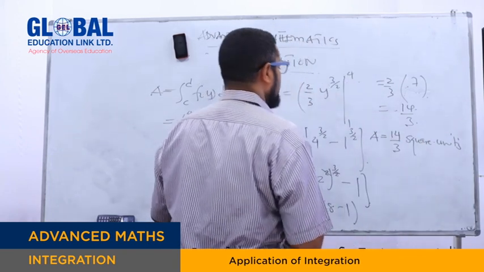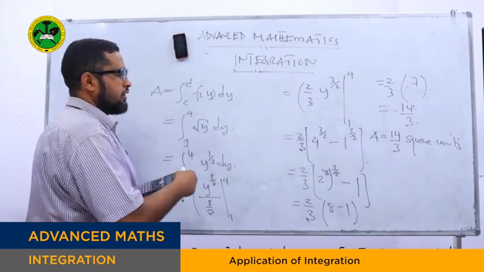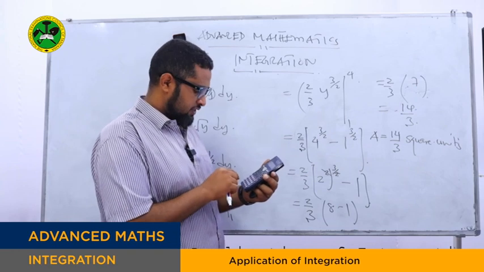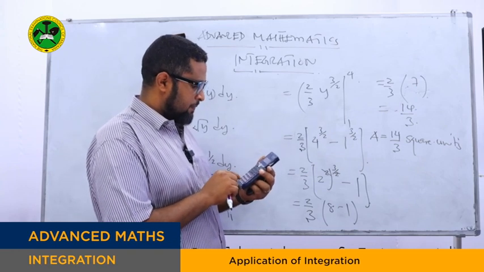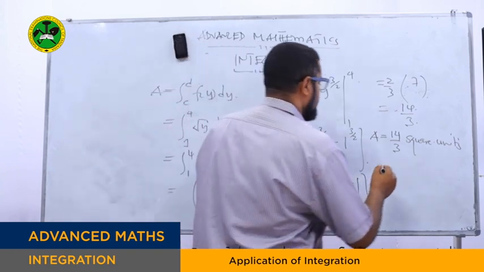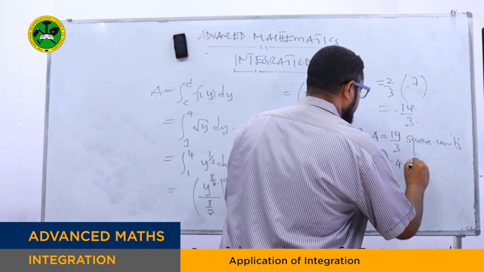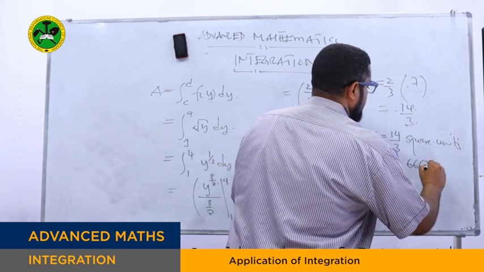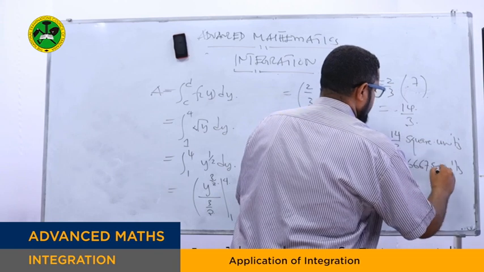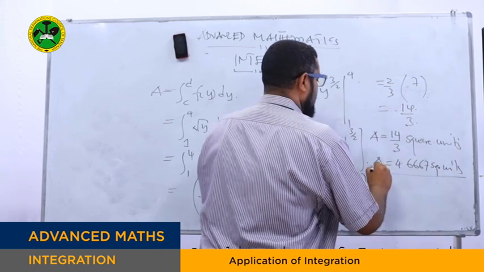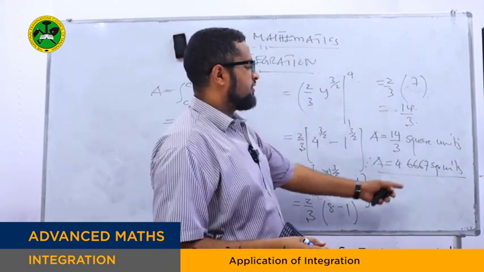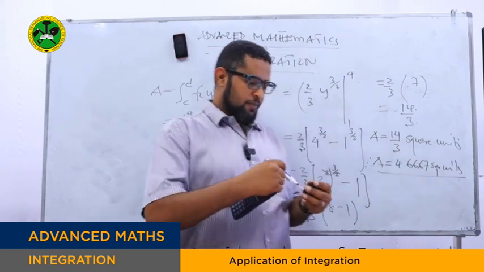Or you can decide to leave the answer in decimal, 14 divided by 3, so the answer is 4.666 square units. Do not forget to write the units as square units.